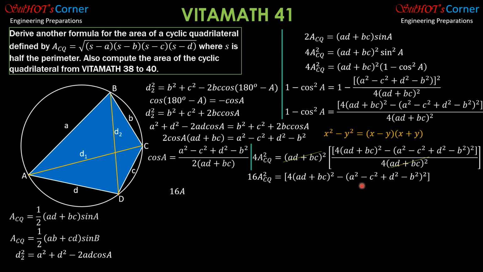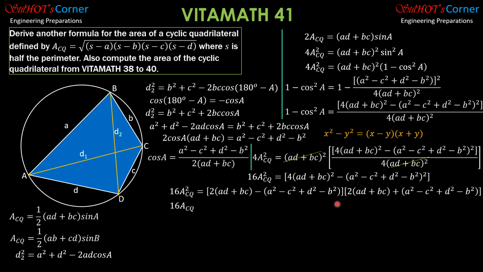So 16 area of cyclic quadrilateral squared is equal to 2 quantity AD plus BC minus quantity, so we just copy this. Then the other factor is 2 quantity AD plus BC, then plus, then we copy the terms inside this parenthesis. So that is x minus y times x plus y.